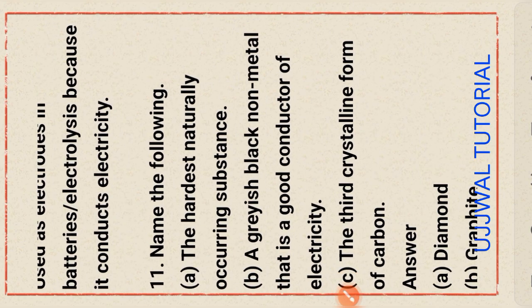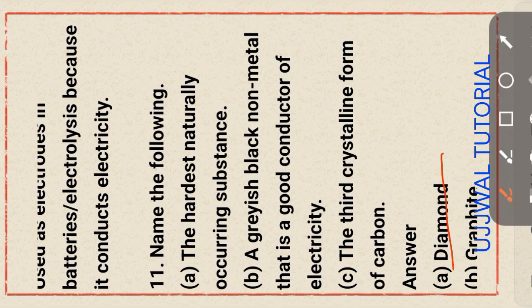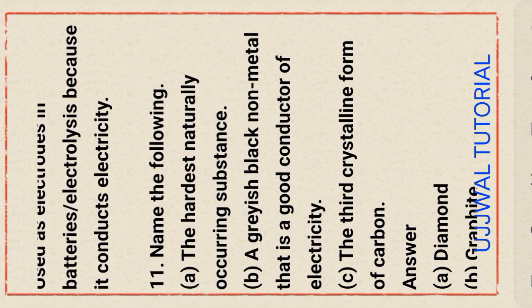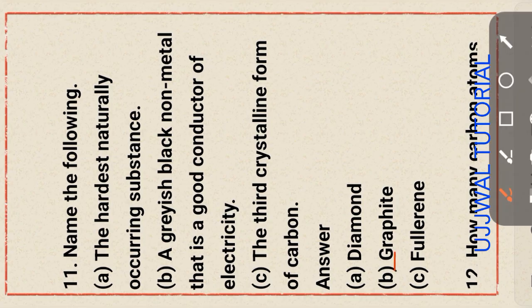Next, write the following answers briefly. The hardest naturally occurring substance, the answer is diamond. A greenish-black non-metal that is a good conductor of electricity, that is graphite.